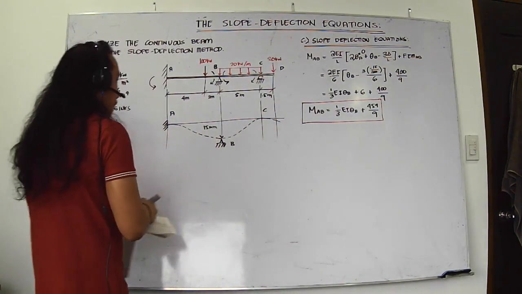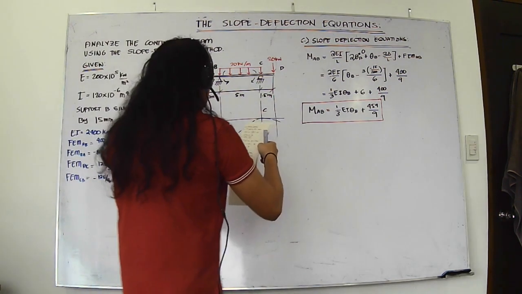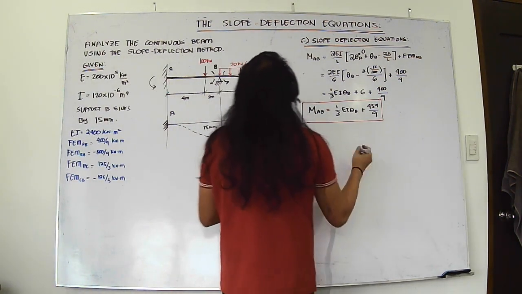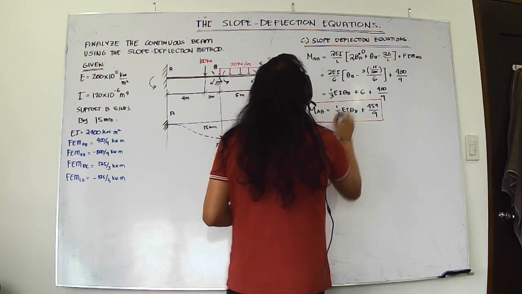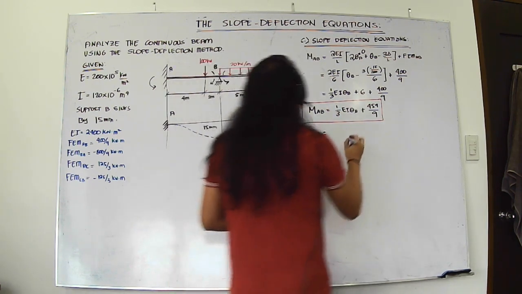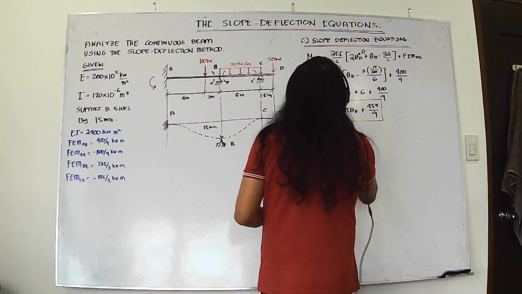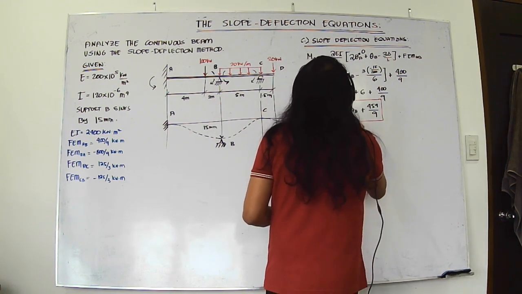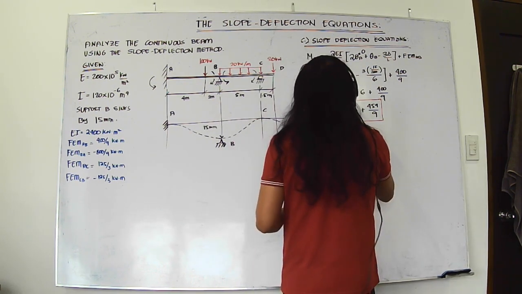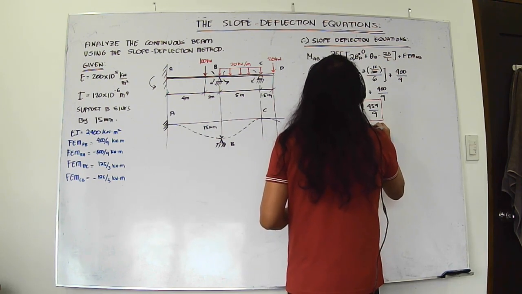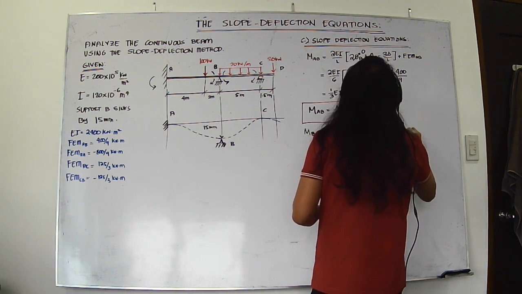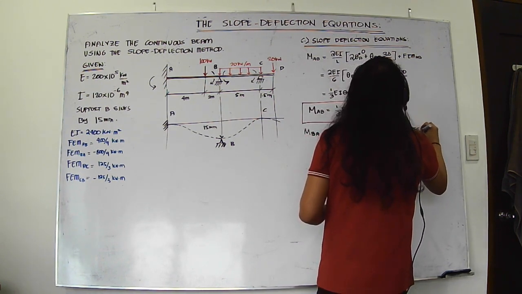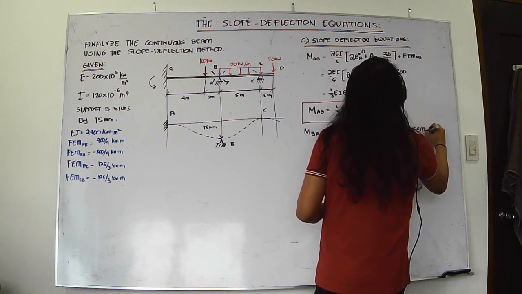Okay. Now next is MBA. The process is the same. MBA is 2EI over L, theta A plus 2 theta B minus 3 delta over L, plus FEM BA.